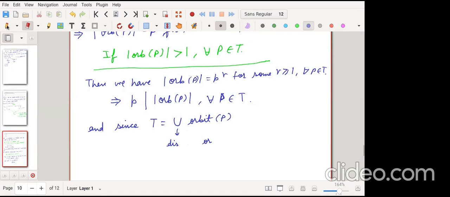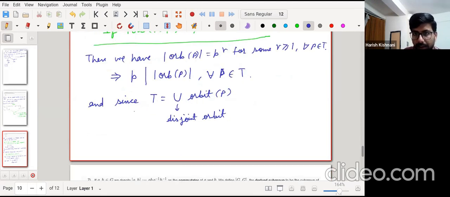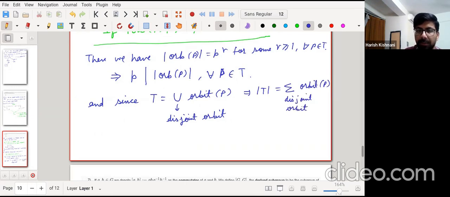What does this mean? This simply implies the order of T is the sum of the sizes of the disjoint orbits. Each orbit was divisible by prime P, so their sum is also divisible by prime P, and this implies that P divides the order of T.